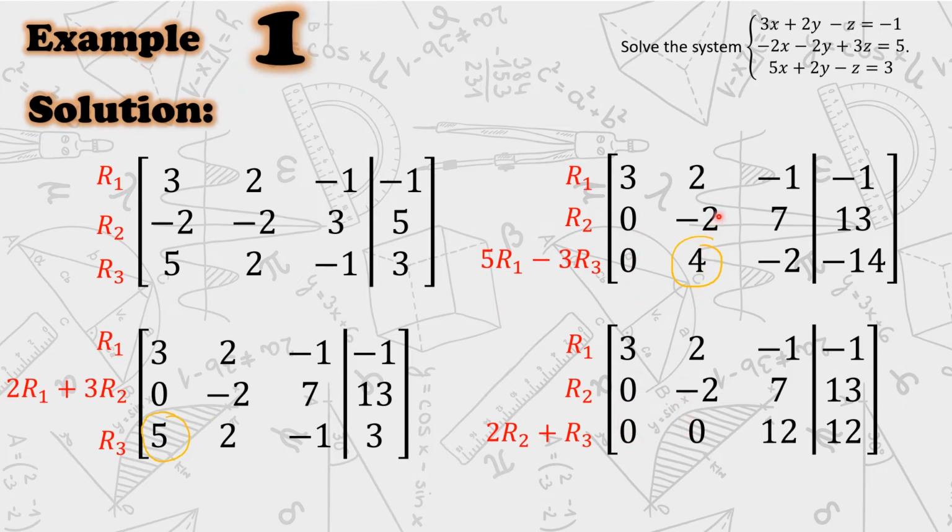Next, we have 2 times negative 2 plus 4, 0. And then we have 2 times 7, 14, plus negative 2, we have 12. And then next, we have 2 times 13, 26, plus negative 14, we have 12.